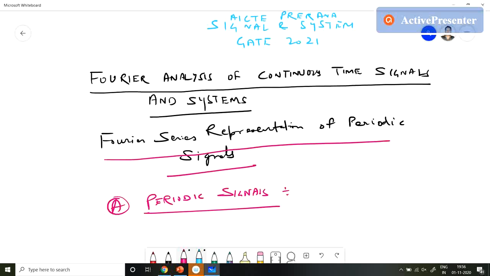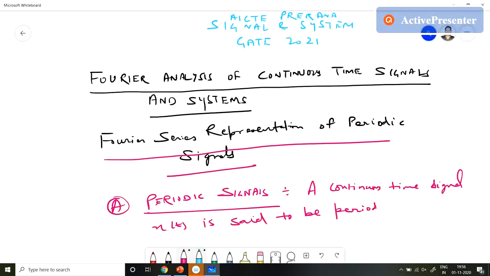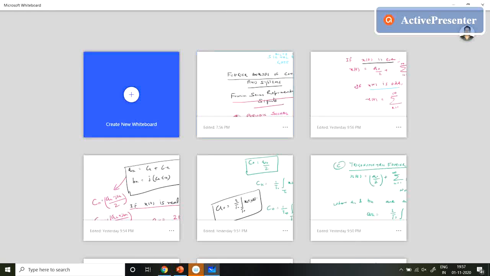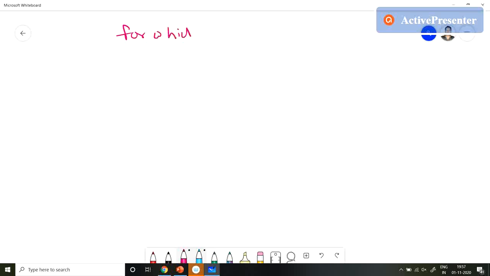So a continuous time signal x(t) is said to be periodic if there is a positive value of T for which this condition satisfies, that is x(t + T) is equal to x(t) for all values of t.